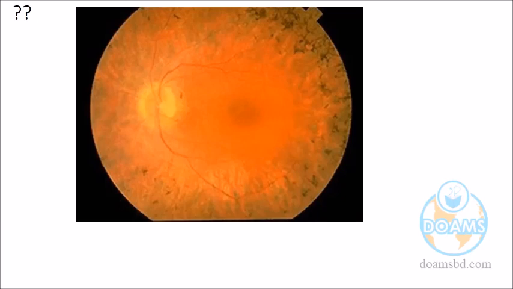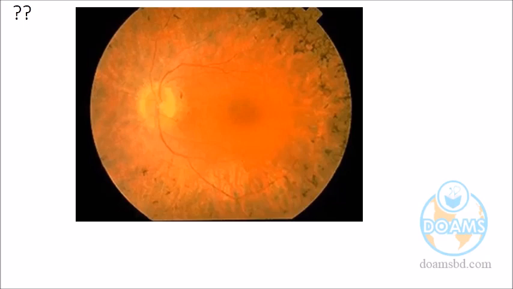Any other changes you observe in this picture? Please feel free, other candidates, those who are with us, feel free to discuss. Any other observation? Anybody can say? What about the vessels? Are the vessels normal? I have shown you in the first slide the normal looking retina; we must know.